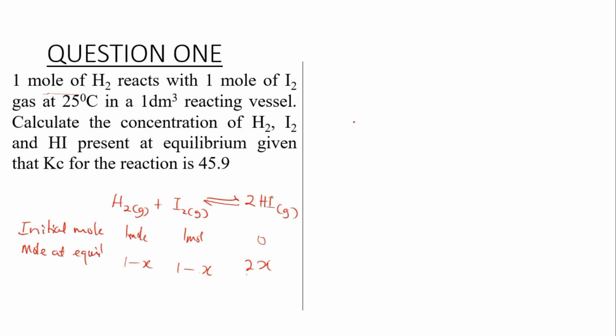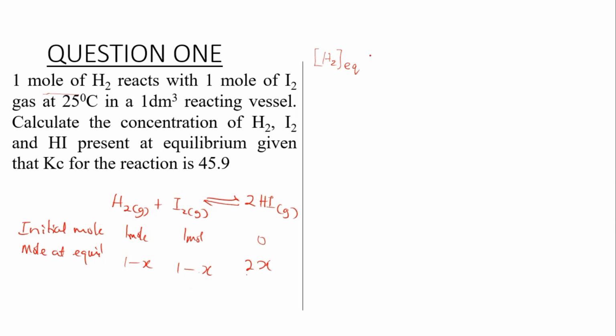All right, so now what is the concentration of hydrogen at equilibrium? Of course, we see that it's also going to be equal to the amount of iodine at equilibrium.